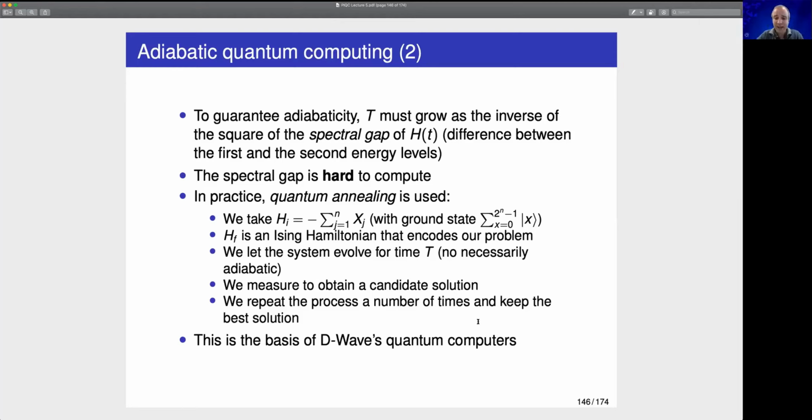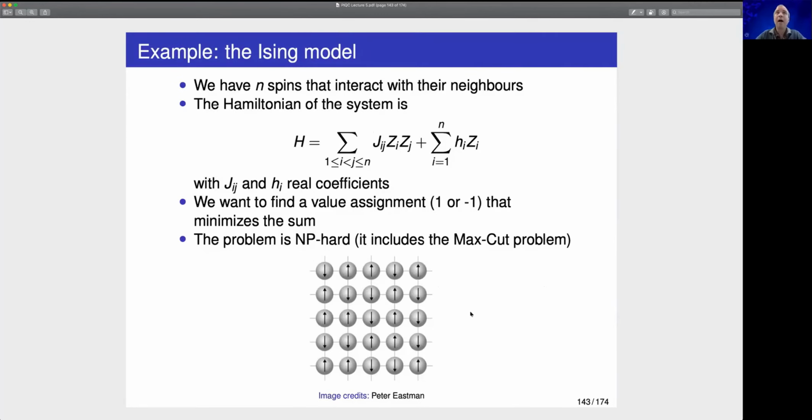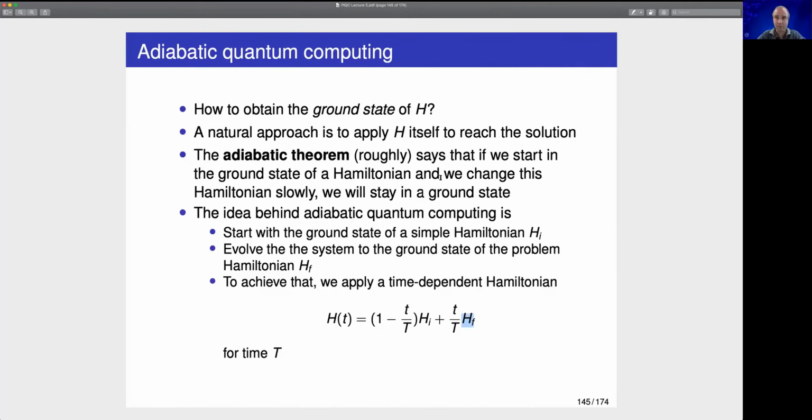So the idea is that these quantum computers implement this kind of time-dependent Hamiltonian, where this final Hamiltonian is not any Hamiltonian that I could be interested in, but only an Ising model Hamiltonian, okay, which is interesting in itself, because we know that this allows us to encode interesting problems like the max-cut problem or several different NP-hard problems, okay?